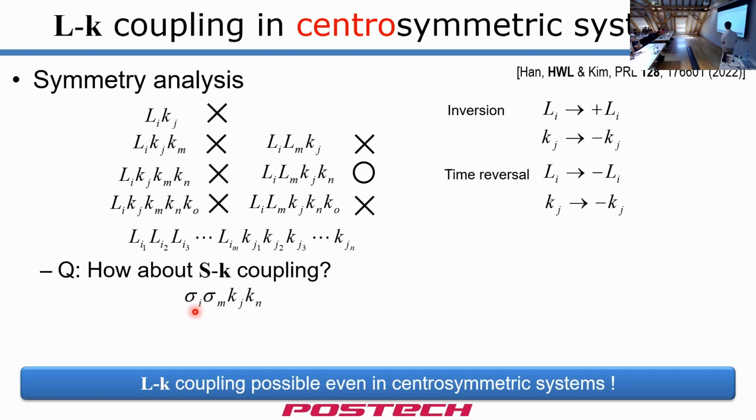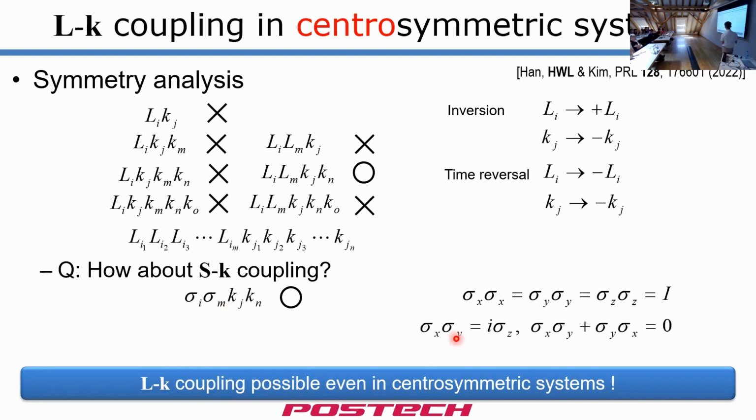For that, let me consider these indices. Here, indices i and m, suppose they are the same. Suppose we have sigma x, sigma x. We know that they are identical, so spin dependence disappears if these two spin indices are the same. So it is useless. But if these two spin indices are different, let's say sigma x, sigma y, then we have i times sigma z, which is anti-Hermitian.